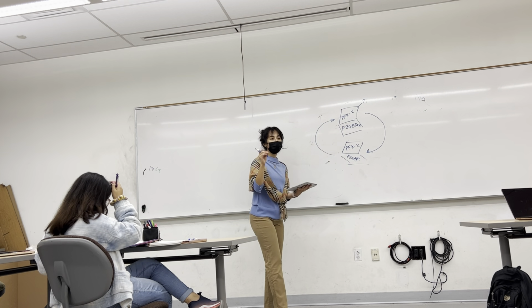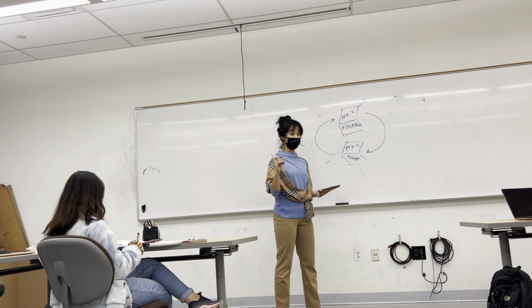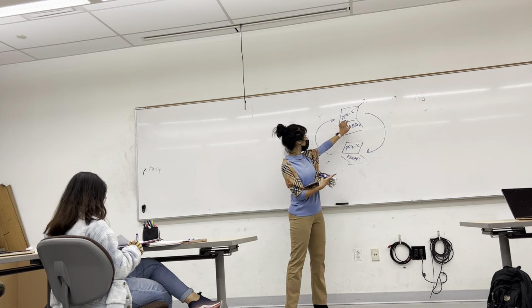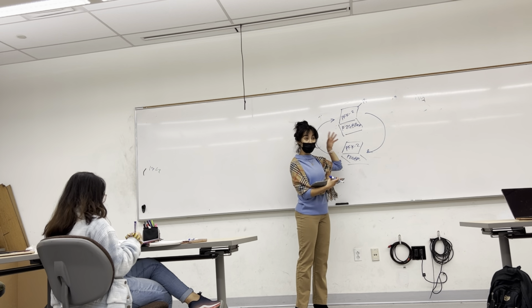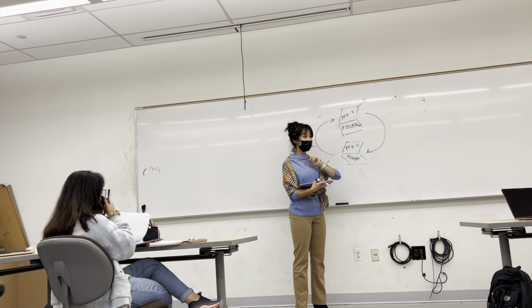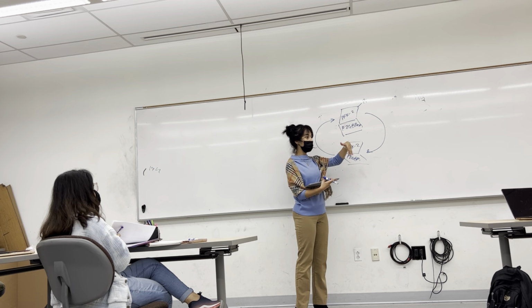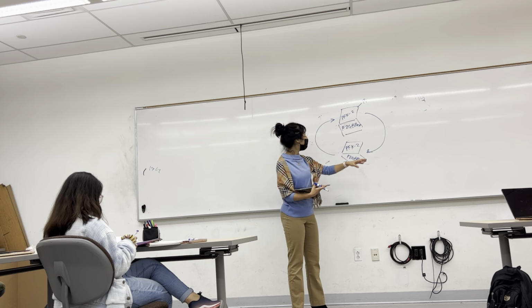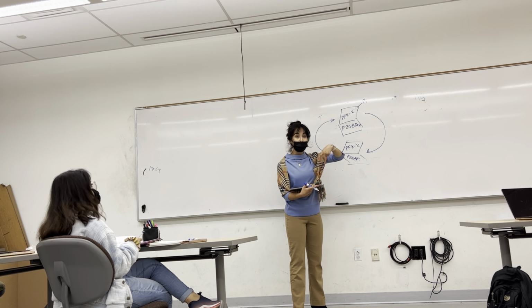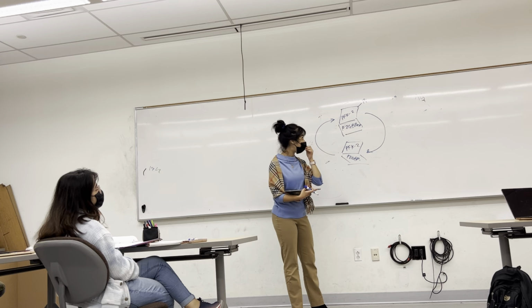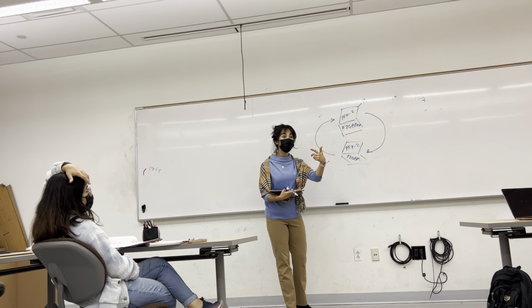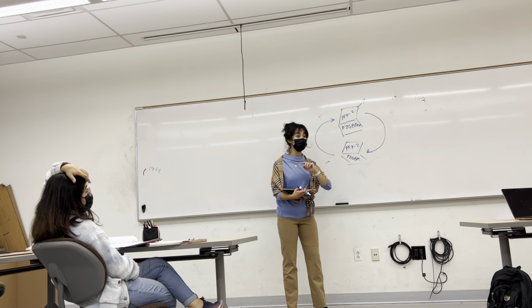So I told you how fructose 2,6-bisphosphate was made, right? It was made from PFK2. You could make it, and then you can also break it down by fructose 2,6-bisphosphatase. You can either make it or you can break it down. These two enzymes that make and break down fructose 2,6-bisphosphate are regulated by dephosphorylation and phosphorylation.